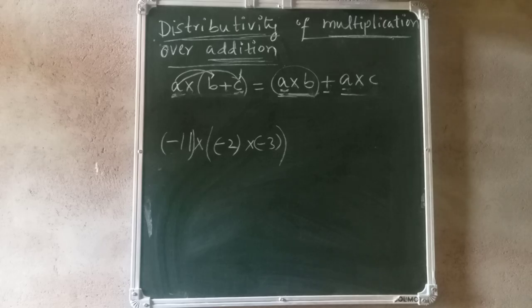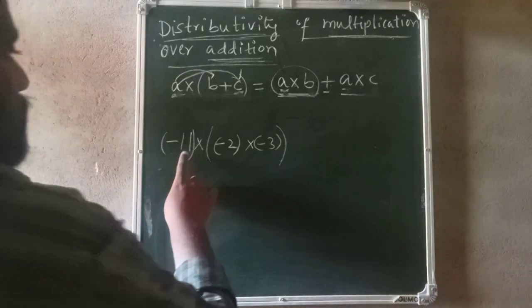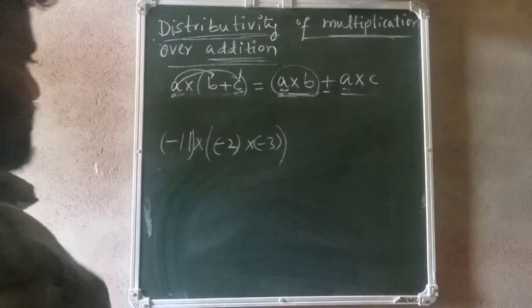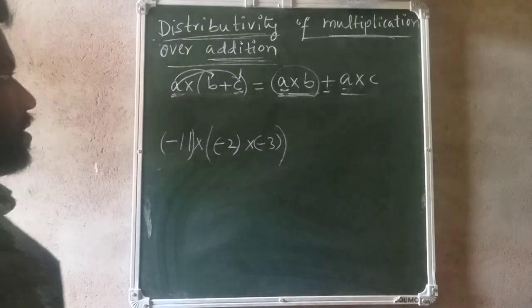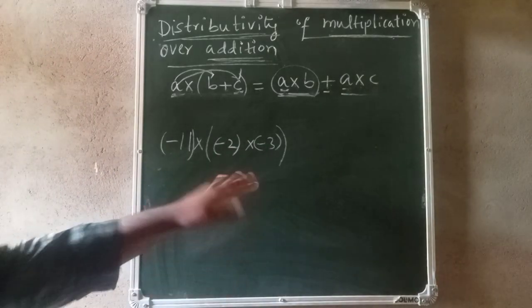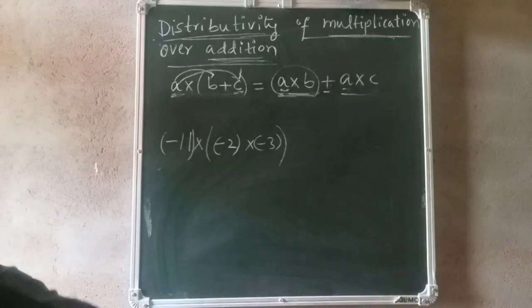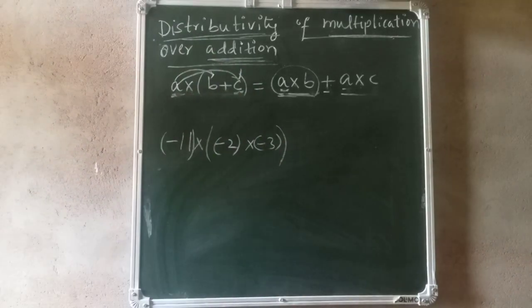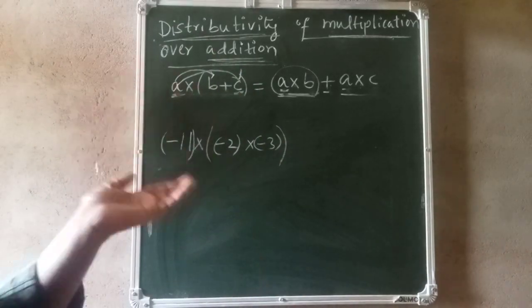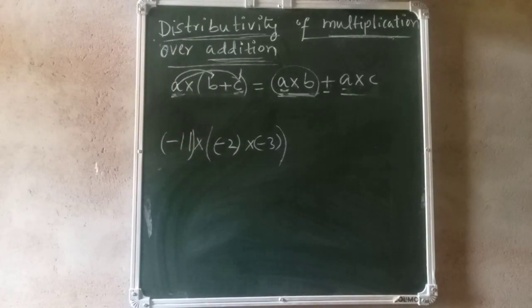For negative numbers you put brackets. See, these are all negative numbers: minus 11, minus 2, minus 3. So we have to simplify. First we will simplify this using normal multiplication, then we will simplify using this property.